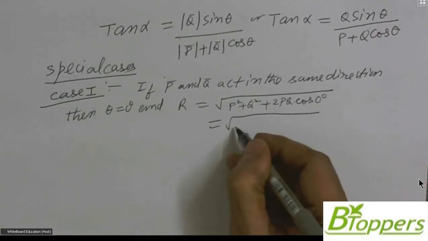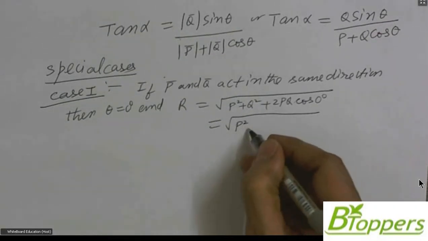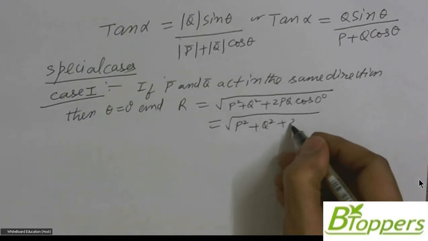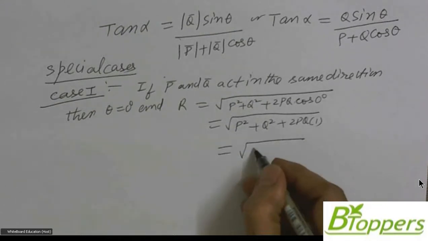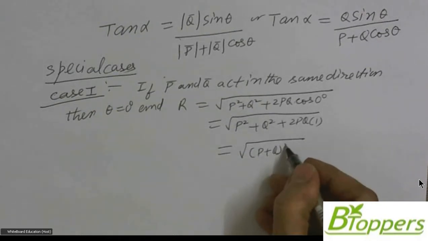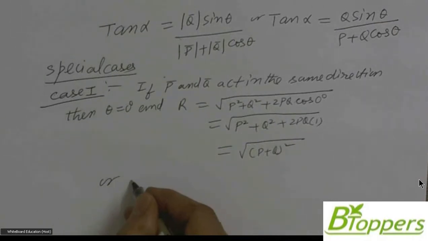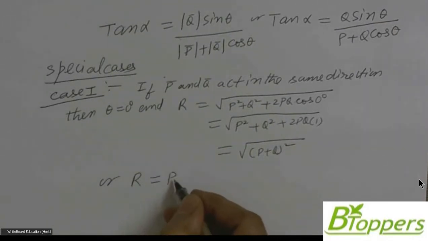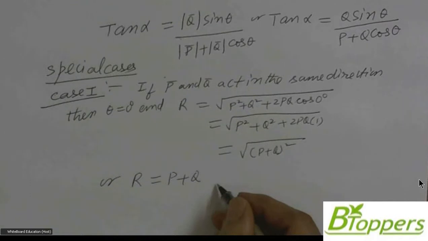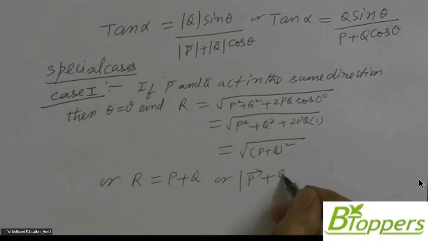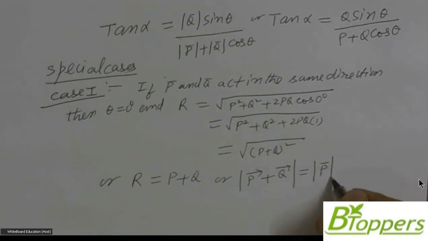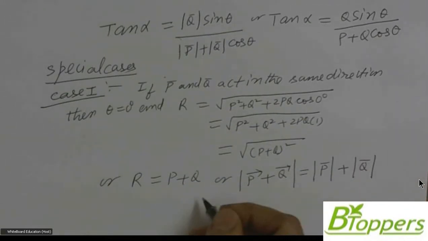Cos 0 degrees equal to 1. So we get root of P square plus Q square plus 2PQ, which you can write as root of P plus Q whole square. Or we can write R equal to P plus Q. Or we write like this, magnitude of resultant of P bar and Q bar is equal to magnitude of P bar plus magnitude of Q bar.